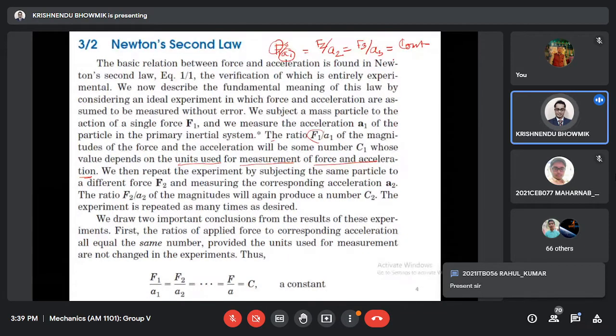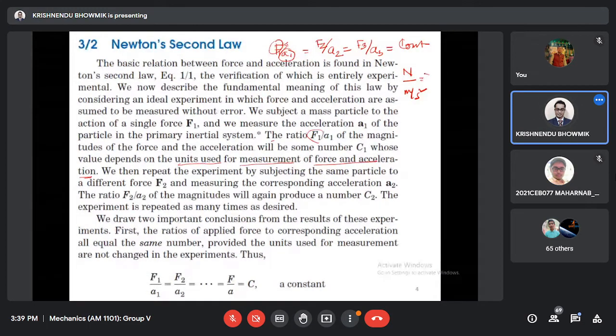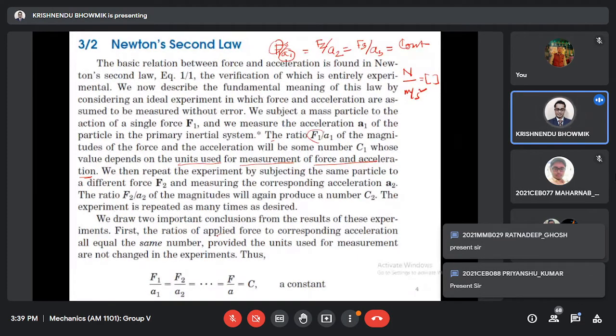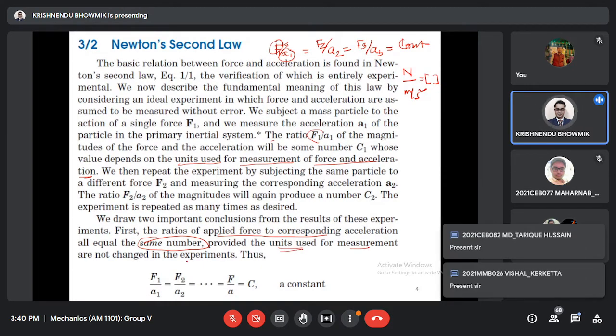So if somebody is using force in Newton and acceleration in meter per second square, then you will get some unit for this ratio, depending upon what units you have used for force and acceleration. Now, the ratio of the applied force to the corresponding acceleration equals the same number, provided the units used for measurement are not changing.